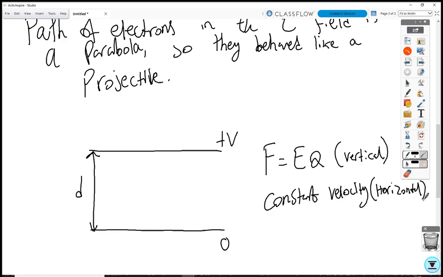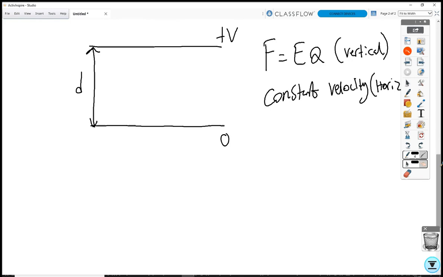So acceleration is only vertical. Now the electric field strength E, he can get that from V over D. That's fairly simple to do.